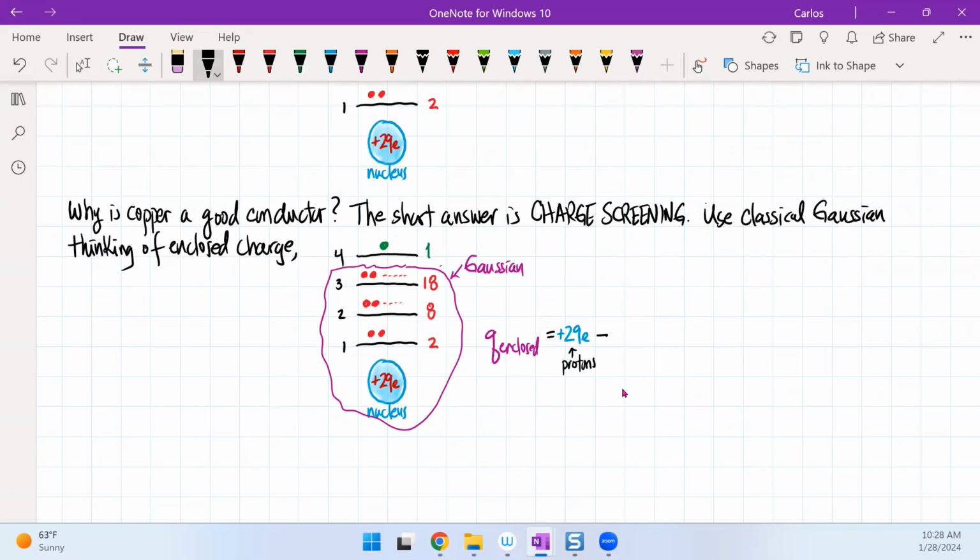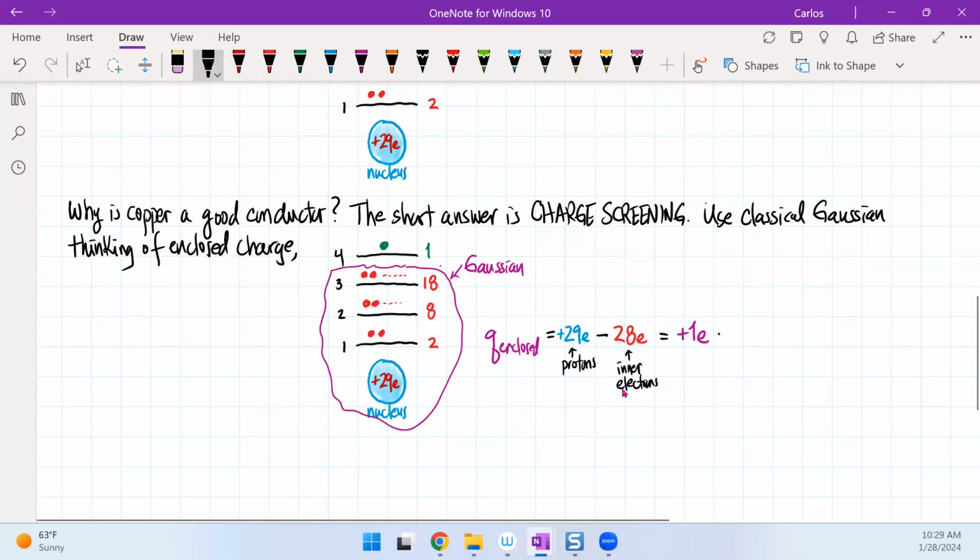And then the first 3 shells don't have 29, they have 28 electrons, the inner electrons. As a consequence, the net enclosed charge is 1 positive charge. This is what we would call Q enclosed, which then becomes Q effective.